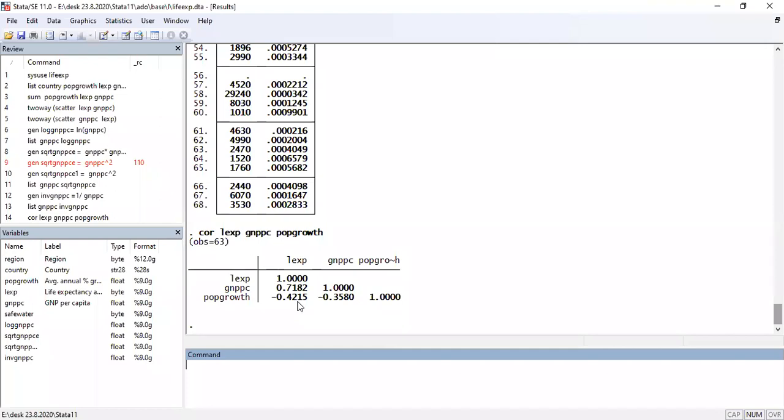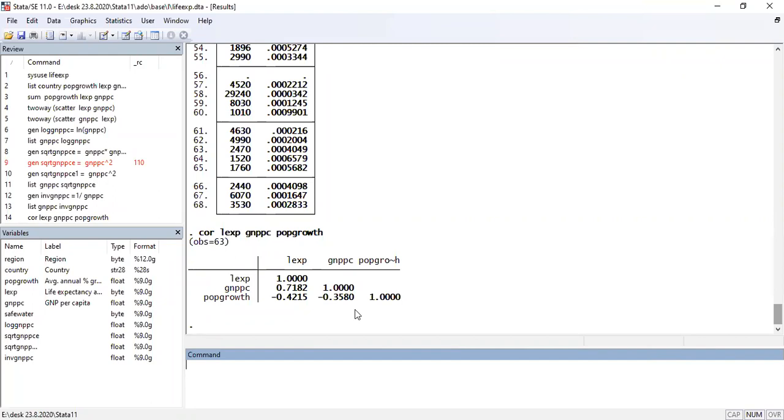This is the correlation coefficient between pop growth and LEXP. What is this minus 0.358? GNPPC and pop growth. Yeah, correlation coefficient between these two. So correlation coefficient can be positive, can be negative, and we know how to explain that. This is a linear relationship.